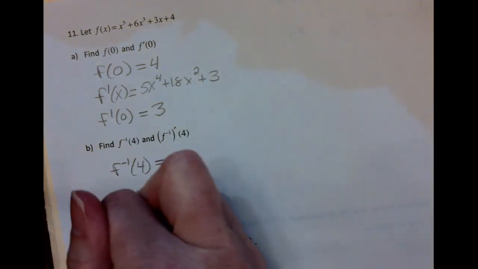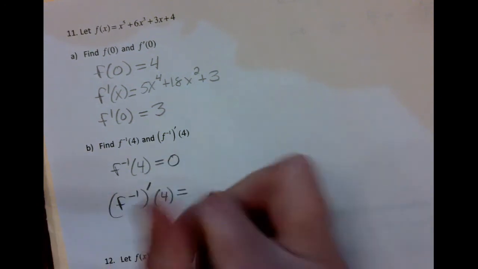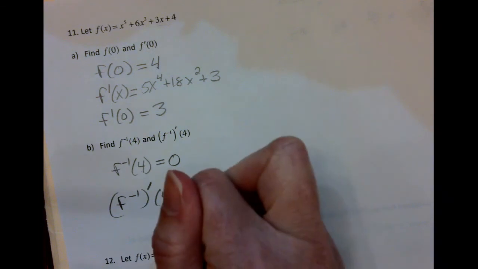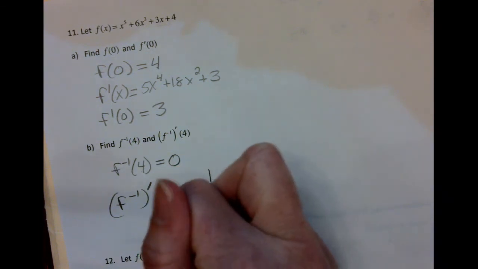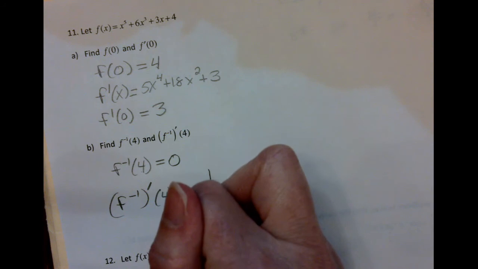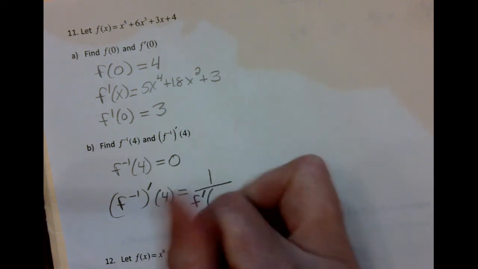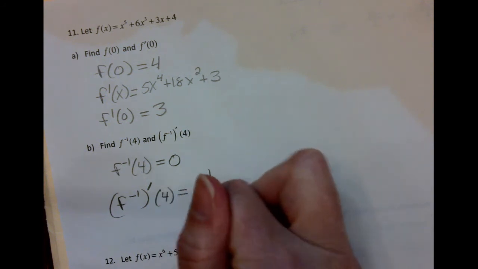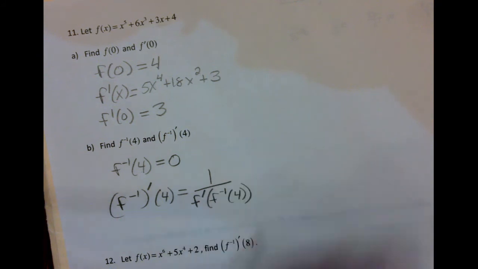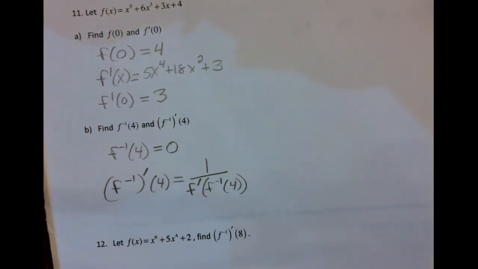F inverse's derivative, this is that new concept. So to find the inverse's derivative, flip, create a fraction, 1 over, flip back to the original. I want its derivative at, flip back to my inverse at 4. This should get me the value of the derivative of the inverse.